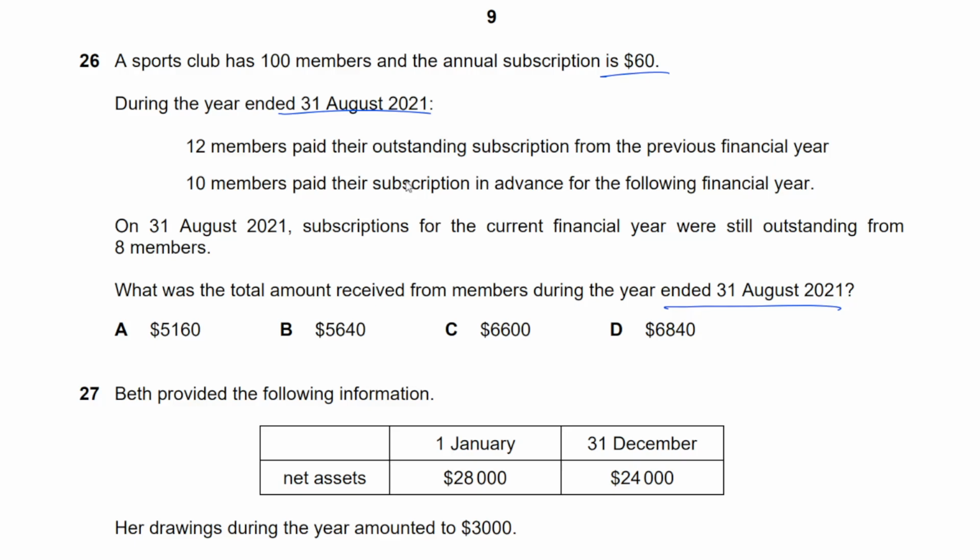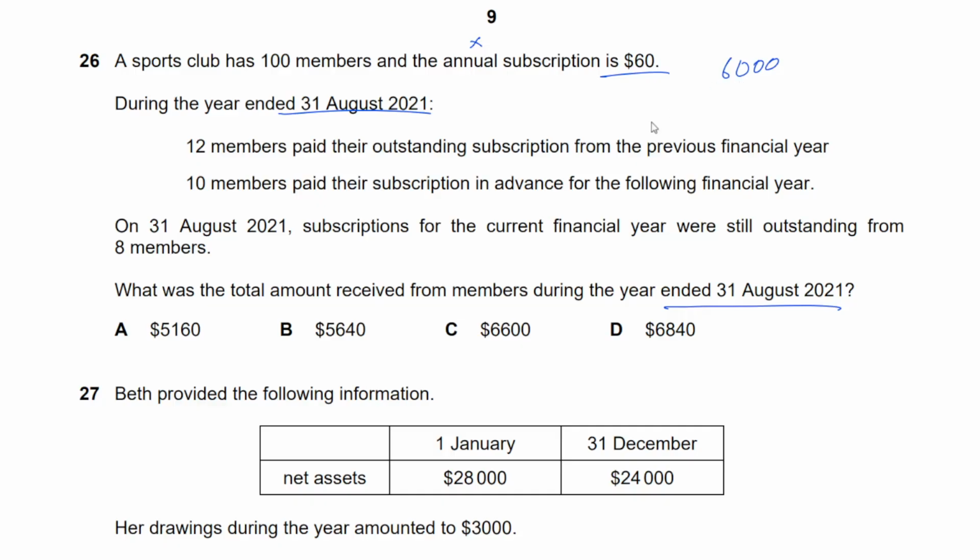Okay, so what were we supposed to receive in this period? 100 members times 60, that's 6,000. What we were supposed to receive.